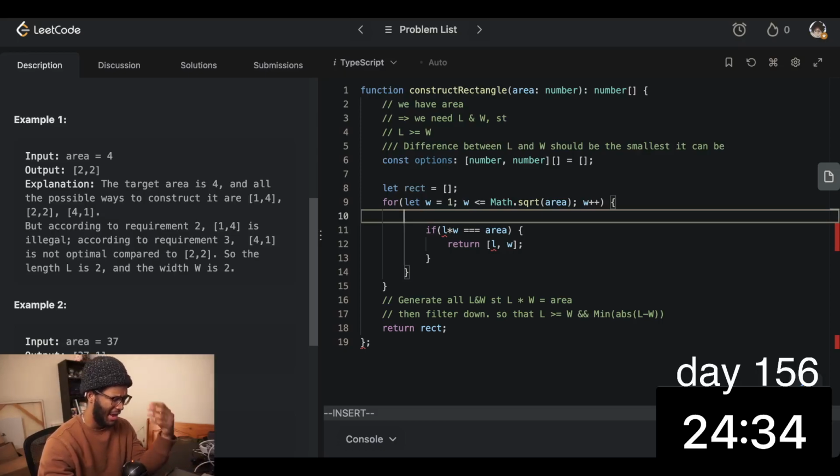So I pretty much iterated over it all. Iterated over the area. And then if area mod I, right, because if it was divisible with no remainder, that means it's a multiplier.